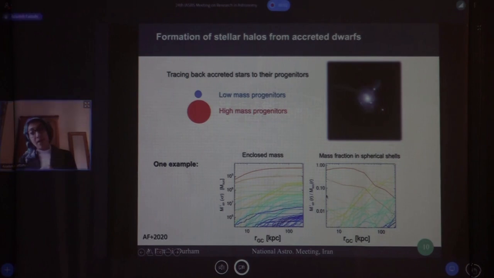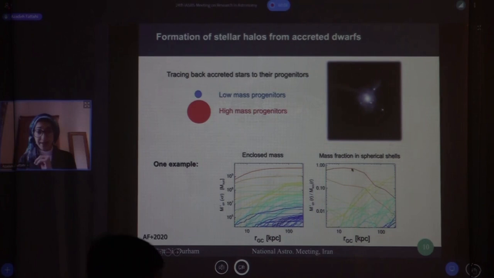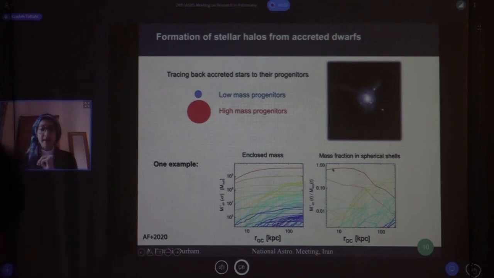If I look, let's say, in the inner 20, 30 kpc of this particular case, I can ask what mass fraction in stars is coming from that red, high-mass progenitor. You can see that, as perhaps you could guess from the left-hand side, about 80% of the mass is coming from the most massive progenitor, and then maybe 20-30% from the next progenitor.